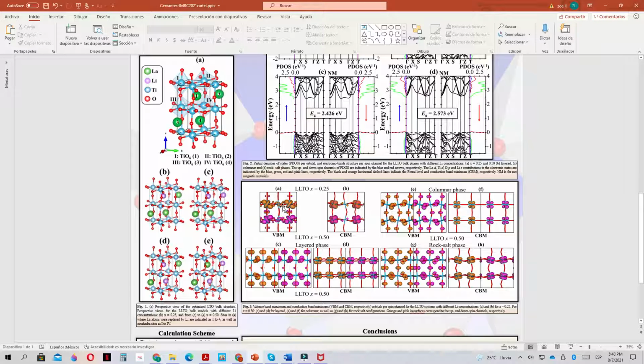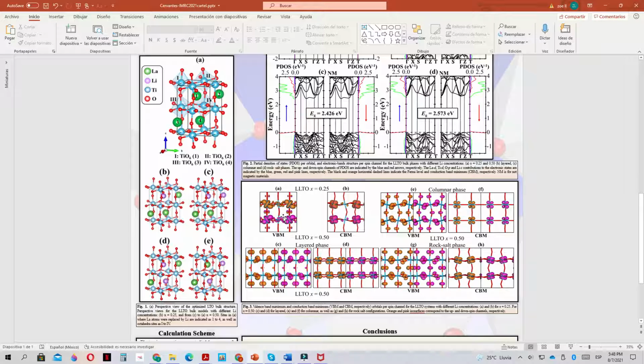The electron loss by titanium 4+ generally holds at the Fermi level and moves the t2g titanium states to the conduction band, modifying the electronic correlation.